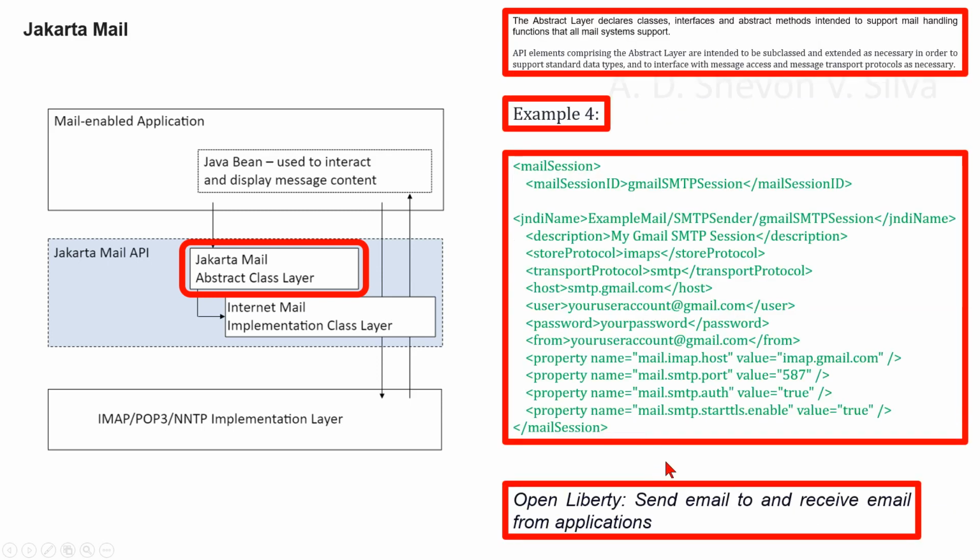As example 4, we can consider this one. This is in Open Liberty. This is to send an email and to receive email from an application.